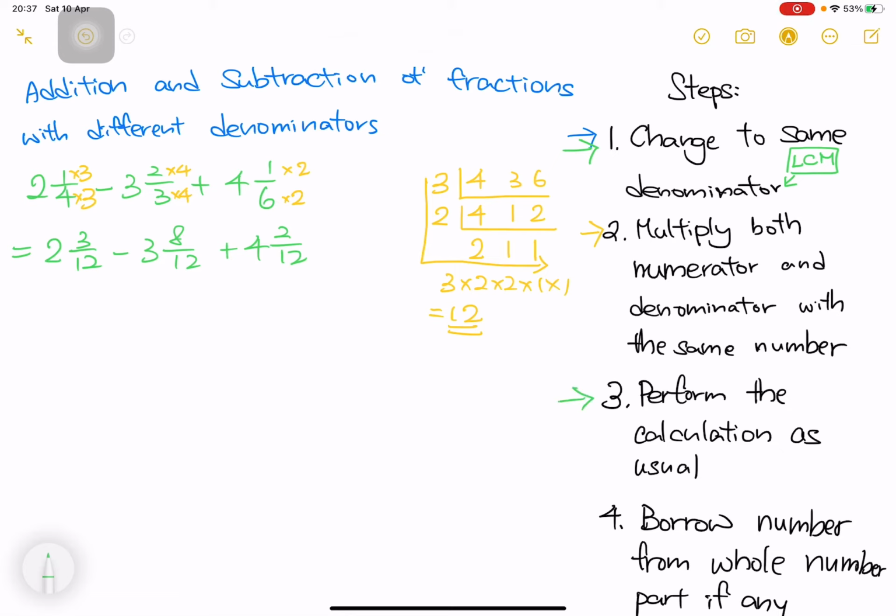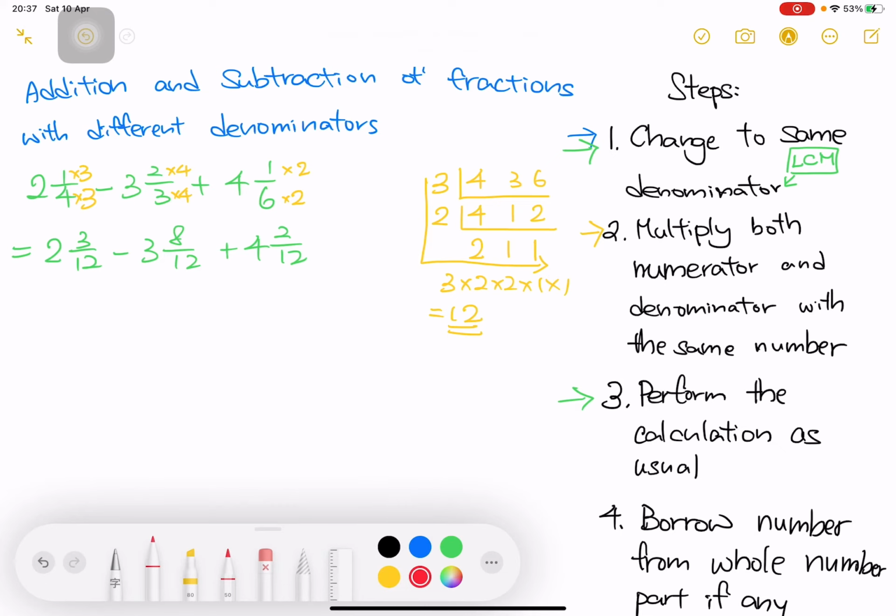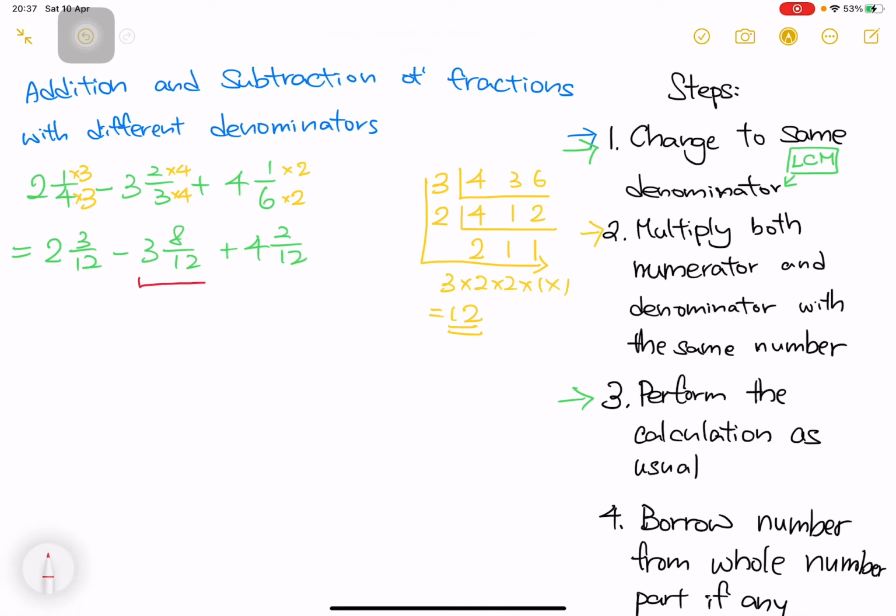I saw that 3 and 8 over 12 is bigger than the first one, so I can't do the subtraction directly. What I can do is do the addition first. If I want to change the order, you have to change the number with the operation sign before the number, which is minus 3 and 8 over 12, and then plus 4 and 2 over 12.